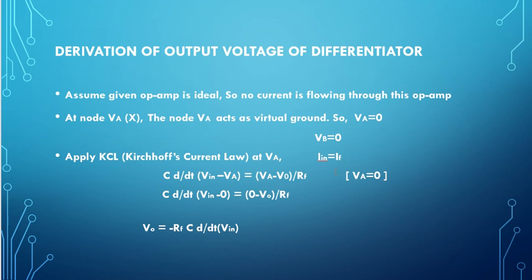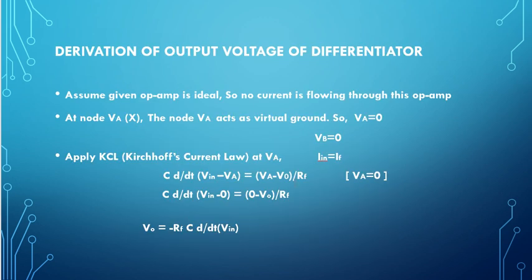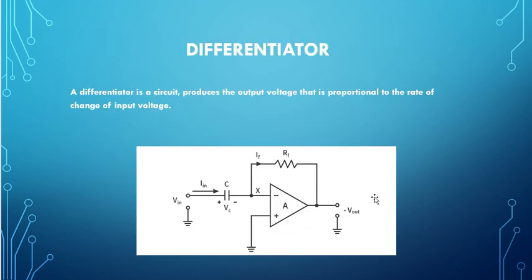the feedback current. In the feedback path we have a resistance, that is feedback resistance RF. So by Ohm's law we have I equal to V by R. In feedback we have RF, so the voltage is VA minus V out.